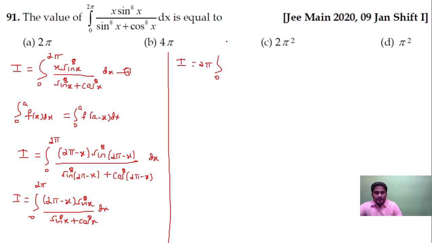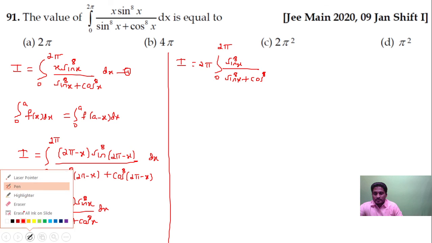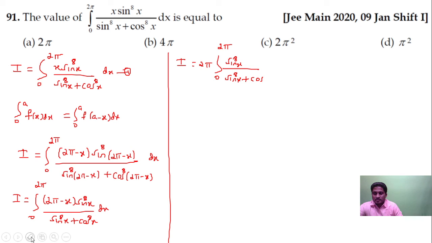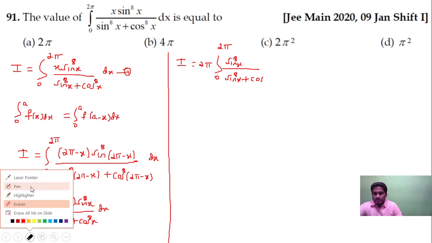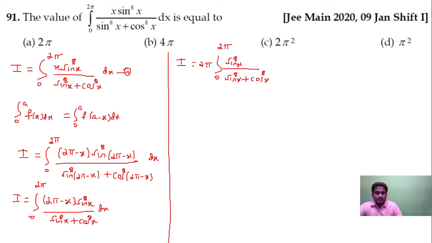This becomes 2 pi times integral 0 to 2 pi of sine to the power of 8 upon sine to the power of 8 plus cos to the power of 8, minus integral 0 to 2 pi of x into sine to the power of 8 upon sine to the power of 8 plus cos to the power of 8. This is the same as I.